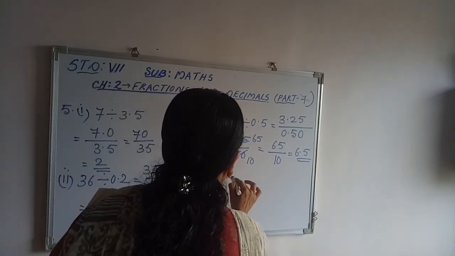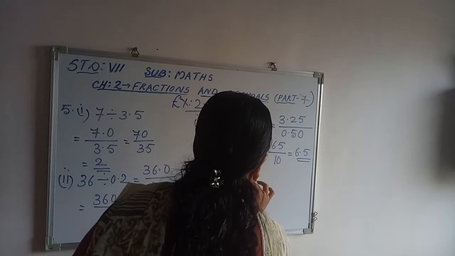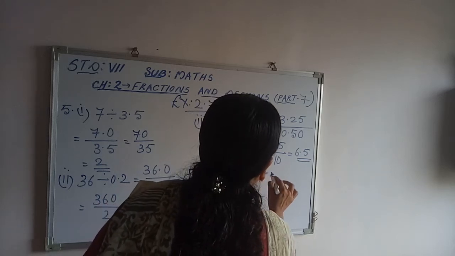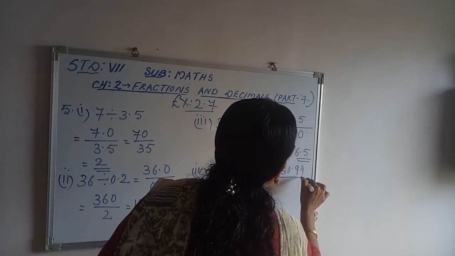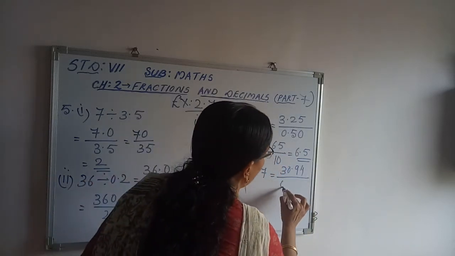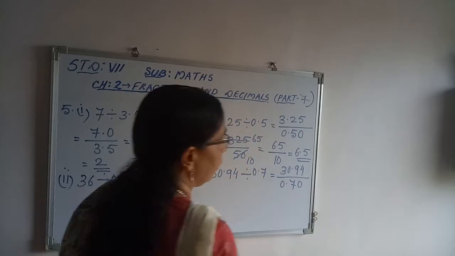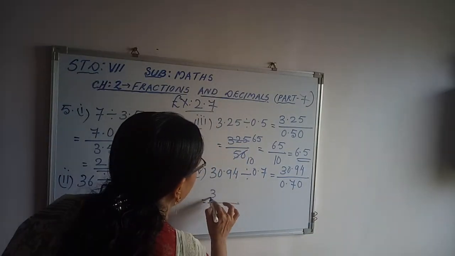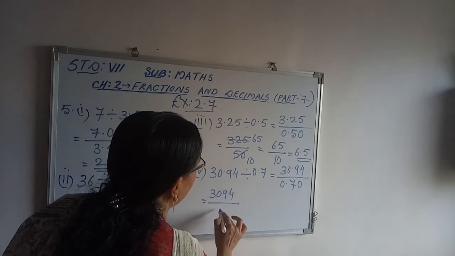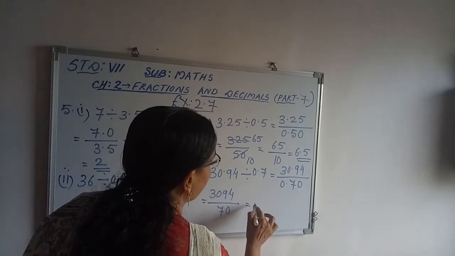30.94 divided by 0.7 can be written as 30.94 upon, how many here? Only 1. So we can write 0.70, isn't it? Now that's equal to 3094 divided by 70.